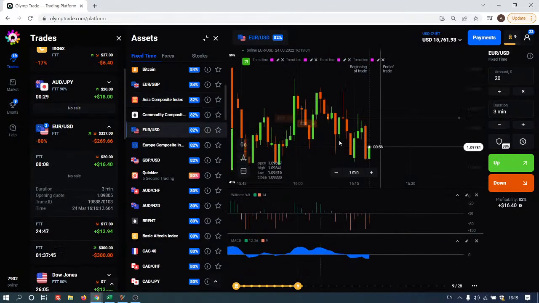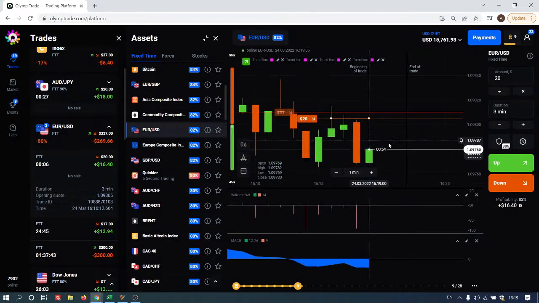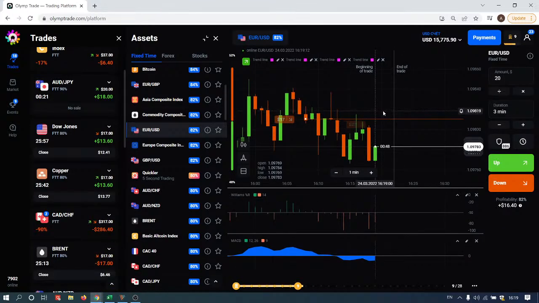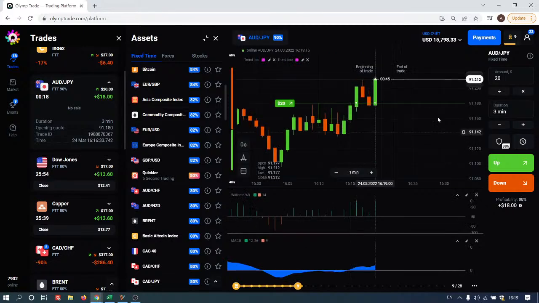And so 10 seconds to go on the Euro USD. And this trade closes with a profit. And yes, so this one should close with profit as well.